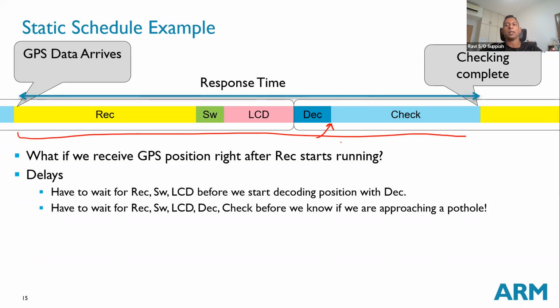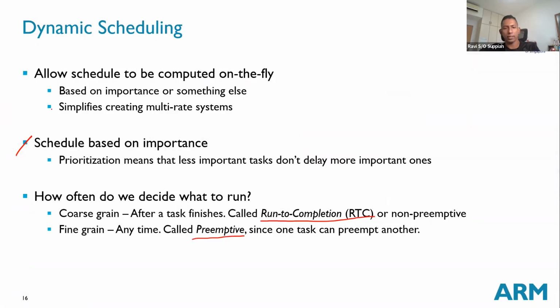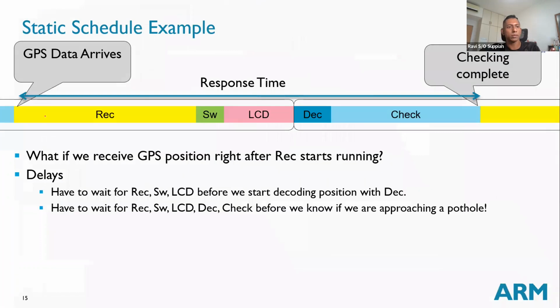until here, before I can decode this new data and perform the check. So you can see that it is going to be quite slow. From the time the new GPS data has arrived to the time that I am actually able to decode it and perform the checking to say whether the pothole is nearby or not, you may have already driven over the pothole.